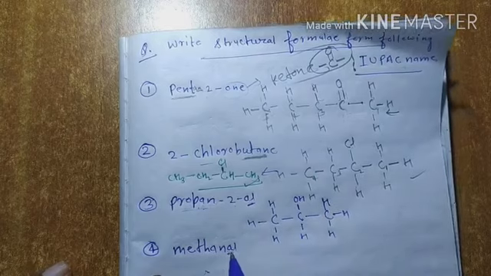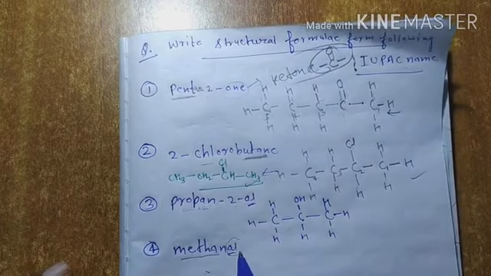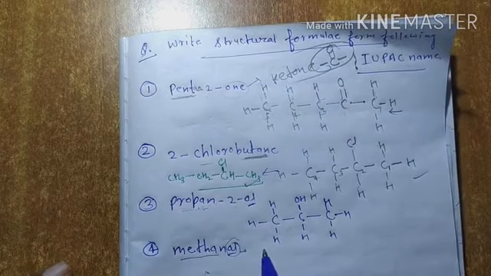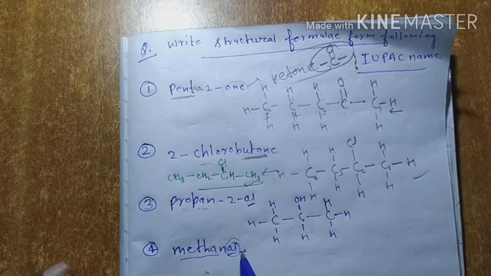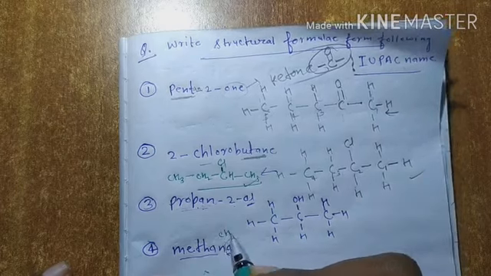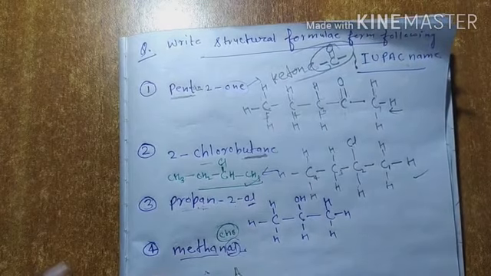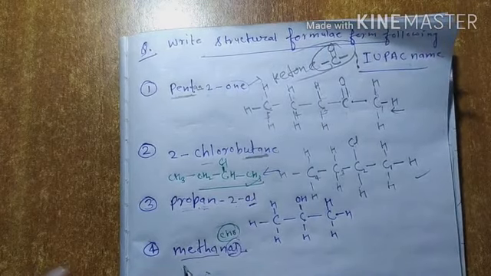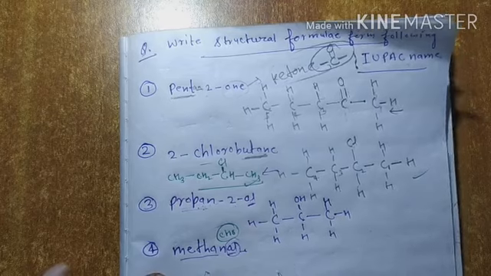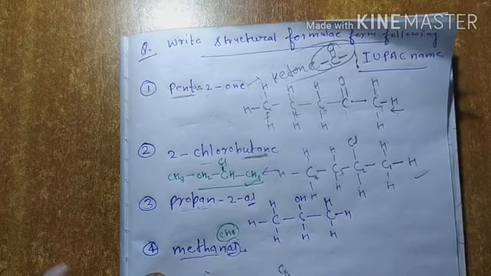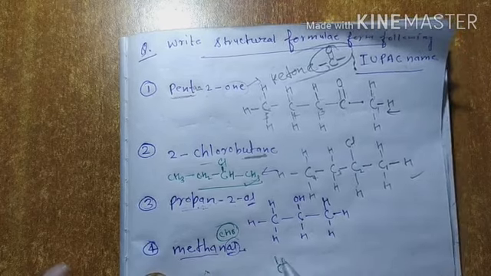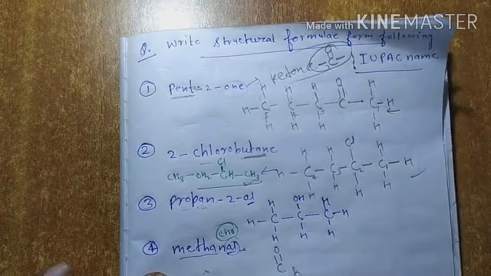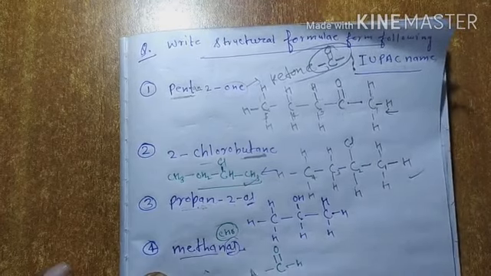Methanal, al for aldehyde. And what is the functional group of aldehyde? The functional group for aldehyde is CHO. Okay, methanal, it means the number of carbon is only 1. On this you have to put O and H. Here we have to complete this one.